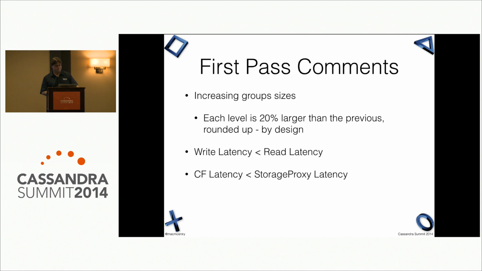Read is different. And then the storage proxy latencies are higher than the column family latencies. Again, this is expected, since the storage proxy operates with data responses from the column family layer. So you can see these actual facts inside the histograms. Pretty straightforward, right?